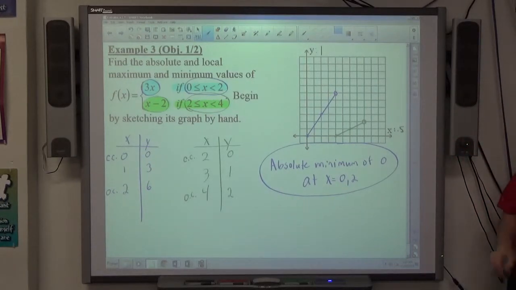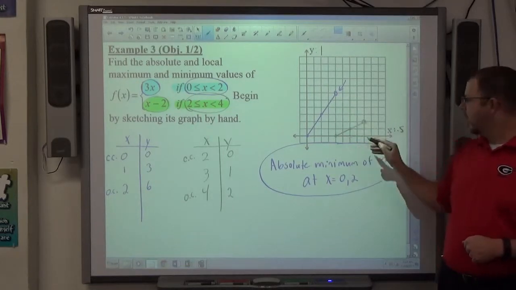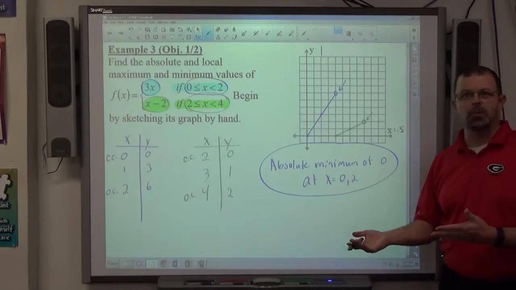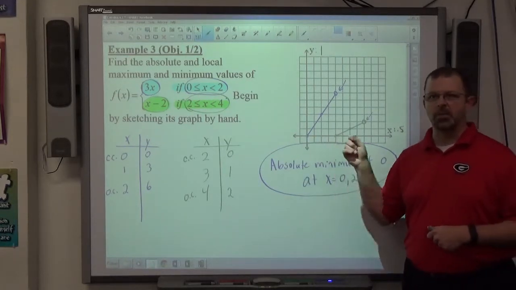The absolute maximum value would occur here, but it doesn't exist. And the local maximum value would happen here, but it doesn't exist. So there is no absolute maximum, there is no local maximum, or even local minimum. There's only absolute minimums in this graph.